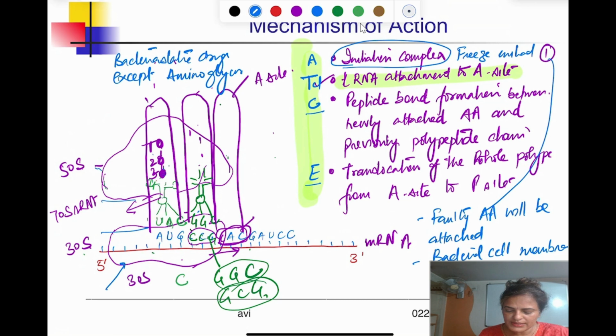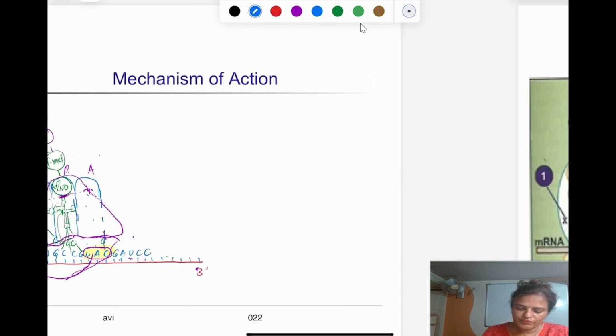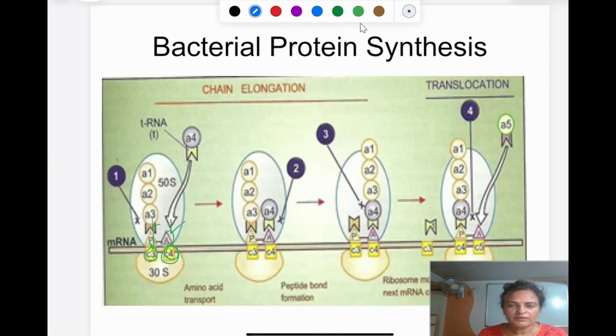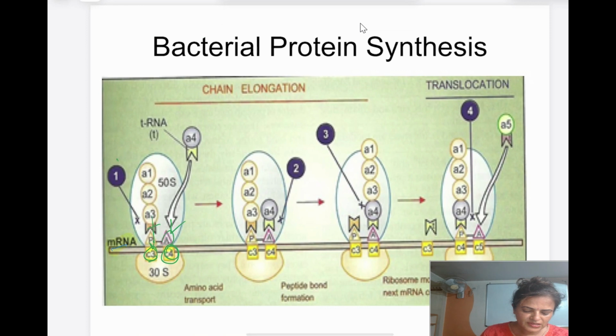But there is one important step. What is that step? This is a figure I have taken from the standard textbook of pharmacology by K.D. Tripathi. You can see here also the various steps of protein synthesis. It shows the messenger RNA, the two subunits of the ribosome, and this is a transfer RNA.